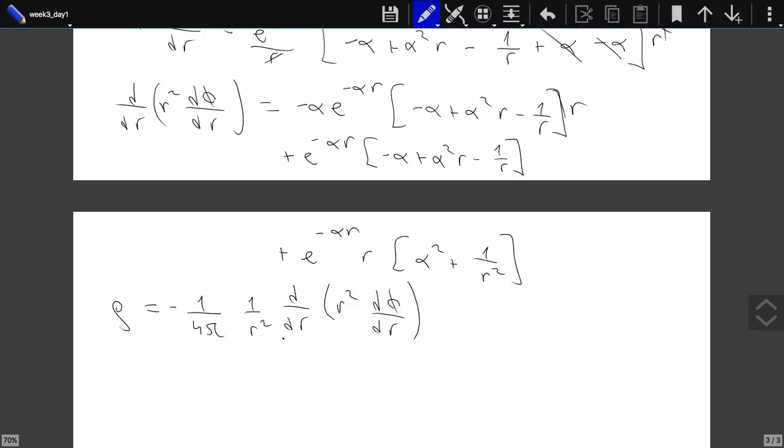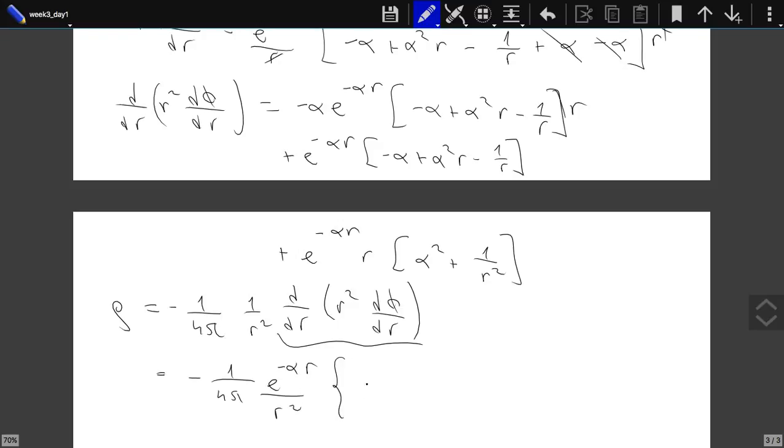We already had calculated this derivative, just divide it by r squared, and that would give us minus 1 over 4 pi, e to the power minus alpha r, and divided by r squared. These are common.